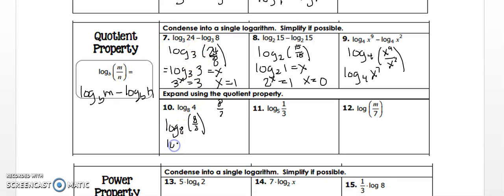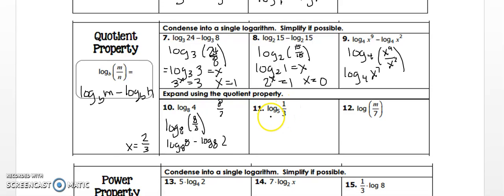So this becomes log base 8 of 8 minus log base 8 of 2. And we could actually split this. This becomes 1, and then this would become 1/3. I'll allow you to figure that out on your own. So this whole thing would actually be equal to 2/3. So 2 divided by 3. I'll let you figure that out on your own.